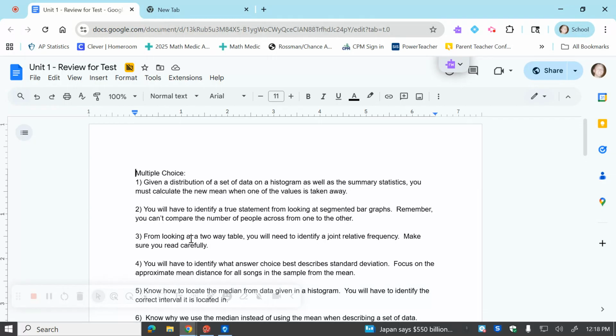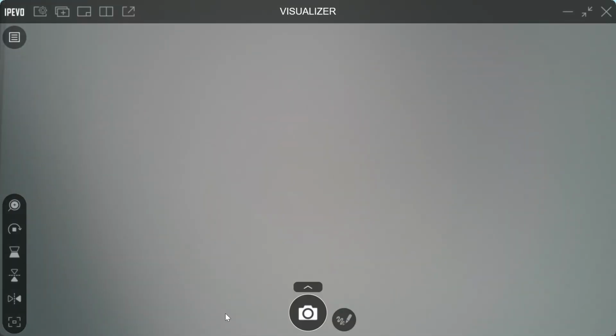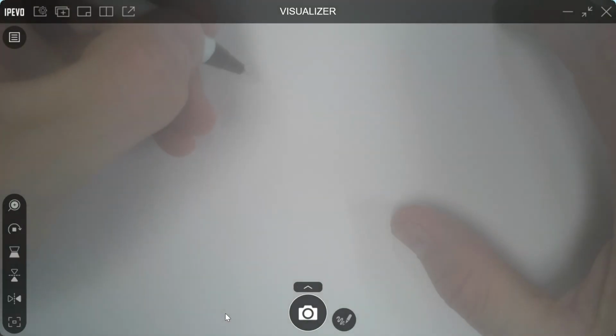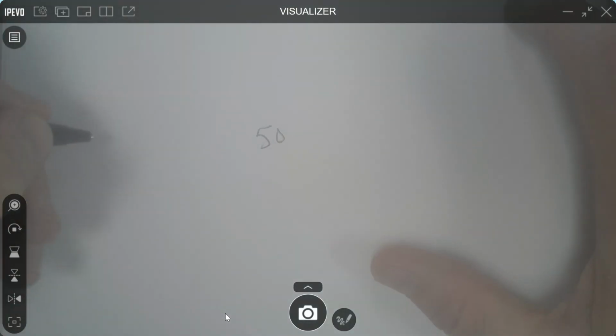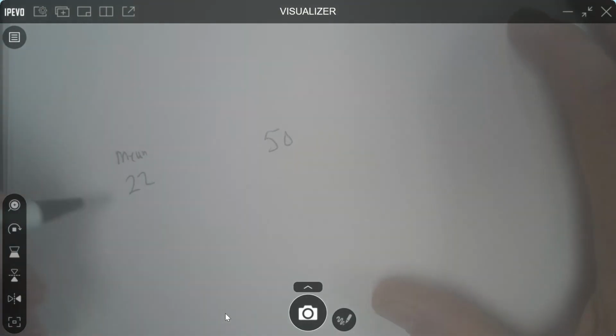So for example, what does that look like? Allow me to pull up my doc cam here, so you can see what we're looking at. So, for example, if the maximum value is, let's say, 50, okay, and the mean was 22, okay, and there were a total of 20 values in this.